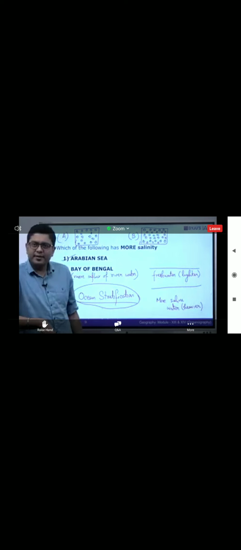So in Bay of Bengal, can we not say there will be a clear-cut ocean stratification? Can we say this? Right? So in Bay of Bengal, there will be a clear arrangement of water. Fresh water will float at top, thicker and denser water will remain at bottom.